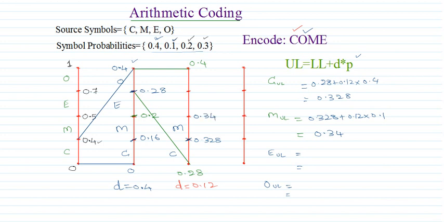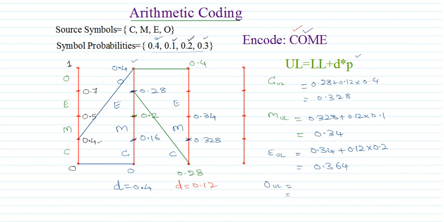Now for E, I have to use the lower limit 0.34 plus D, which is 0.12, into the probability of E, which is 0.2. If I simplify this, I'll get 0.364.